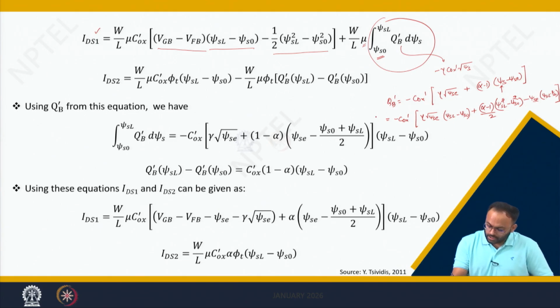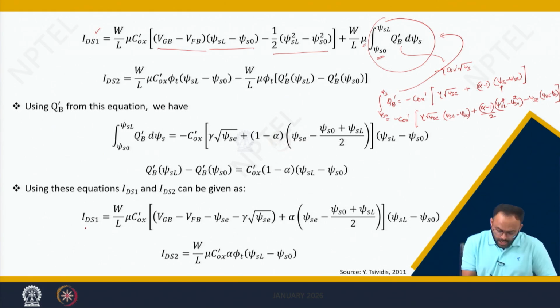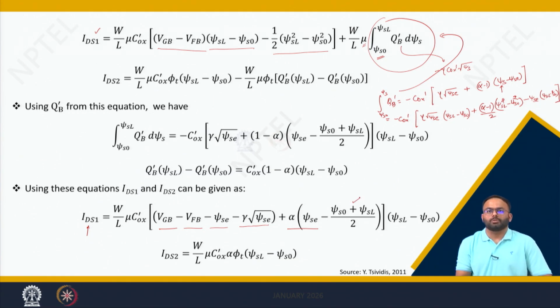You keep this integration of QB dash between psi S0 to psi SL in equation number 1 and rearrange the term, you will finally get IDS1 is equal to W by L mu into Cox dash into VGB minus V flat band voltage minus psi SE minus gamma into root psi SE plus alpha times psi SE minus psi S0 plus psi SL divided by 2 into psi SL minus psi S naught.